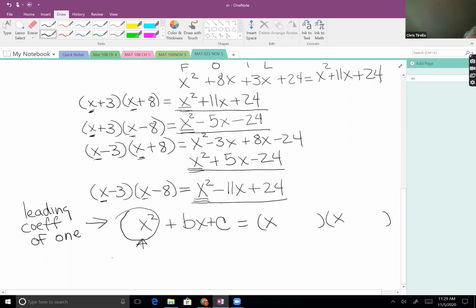And this is always going to be the product of the first terms of each binomial. So far, so good?